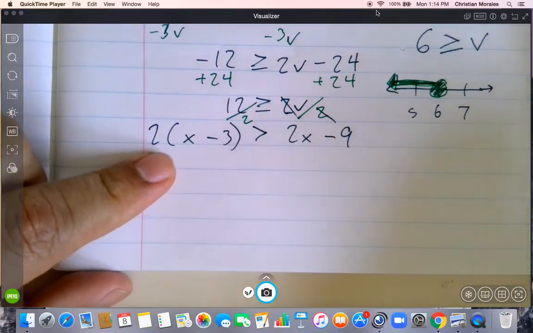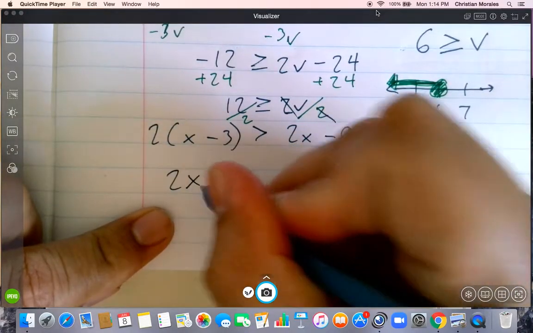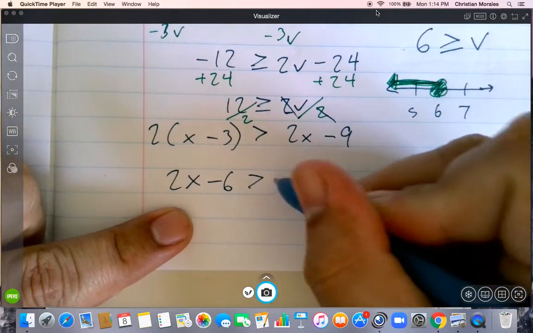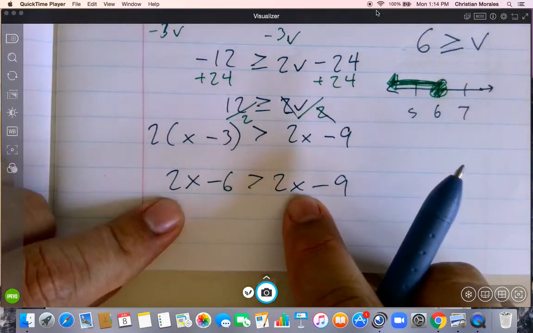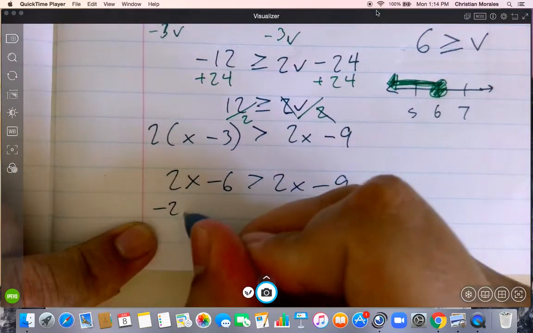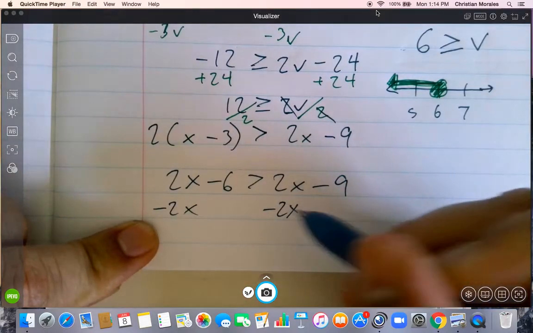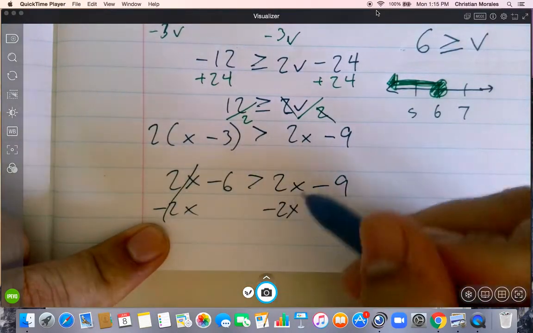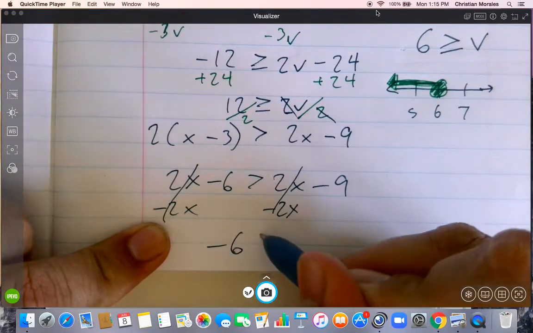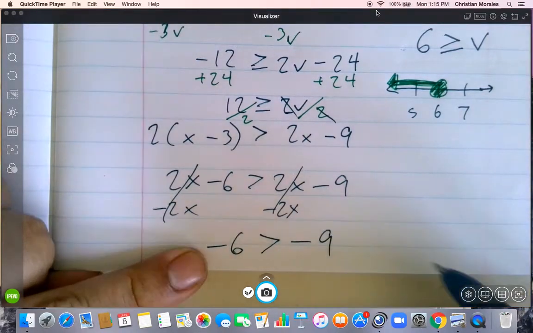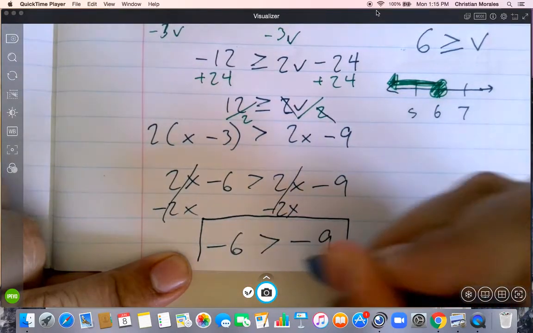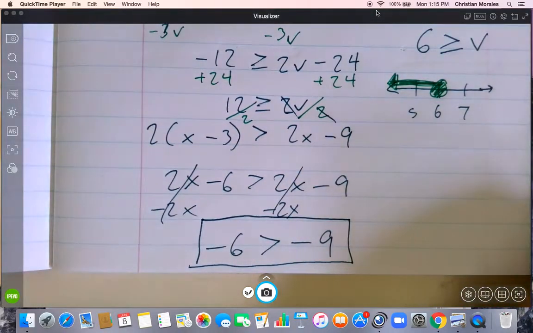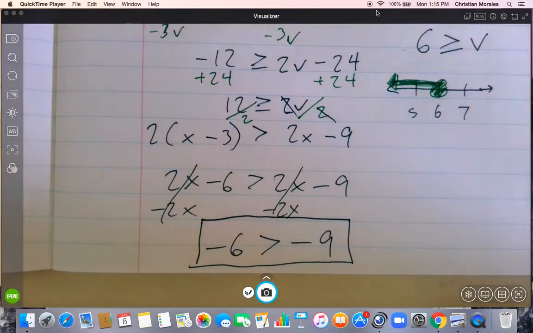Right here, we're going to distribute. Again, we have 2x's on both sides. I'm going to move this one over. And now they cancel out. You're left with this statement. There's no more x to solve, so you have to ask yourself, what does it say?